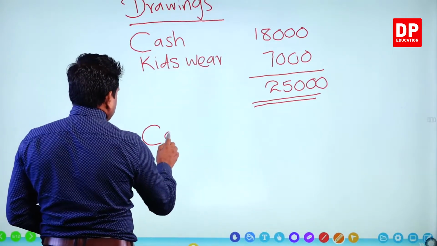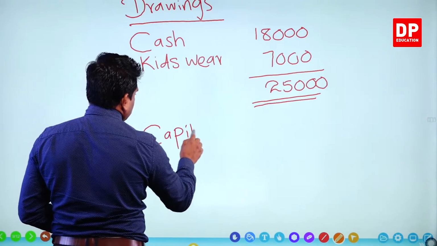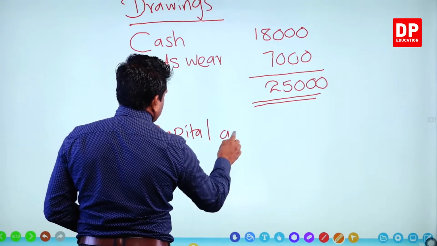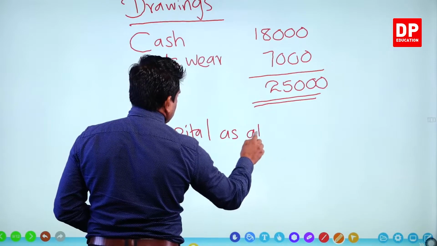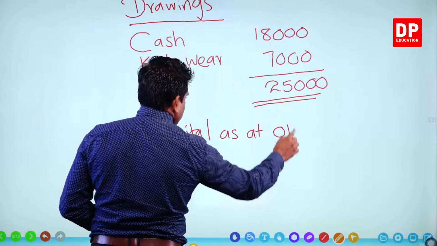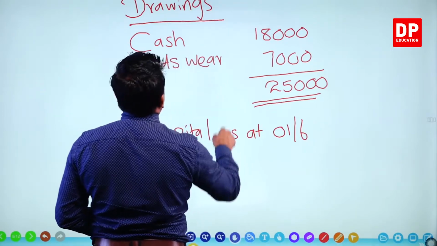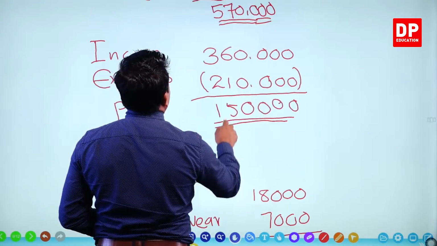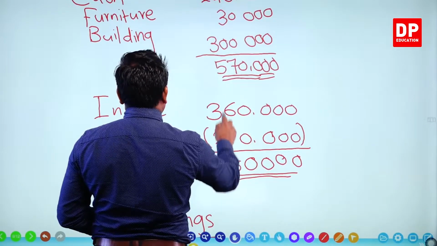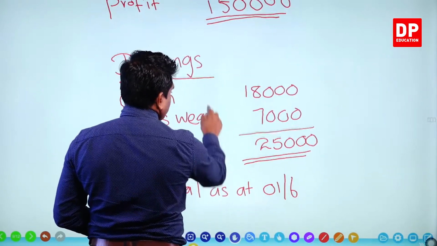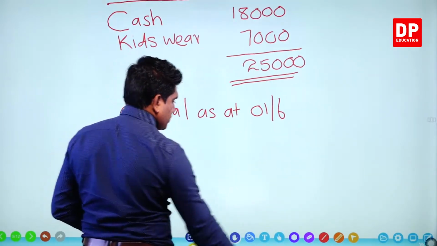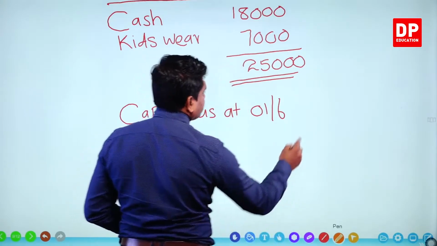Capital, first of all, how much? We found it. 570,000. We put it here.